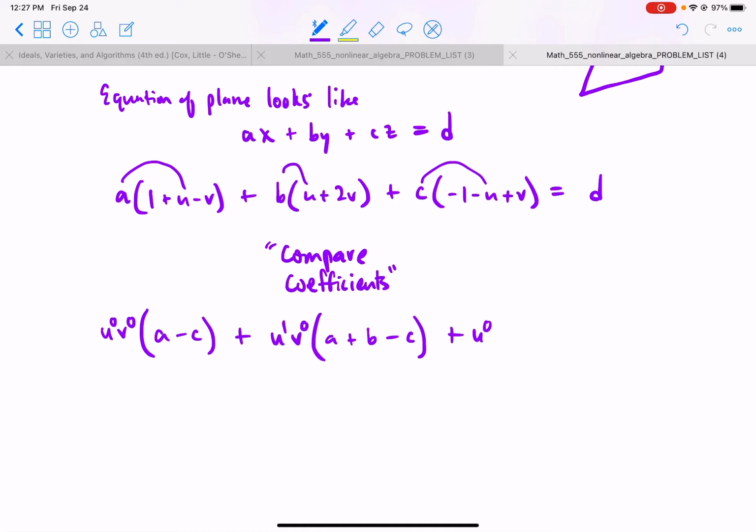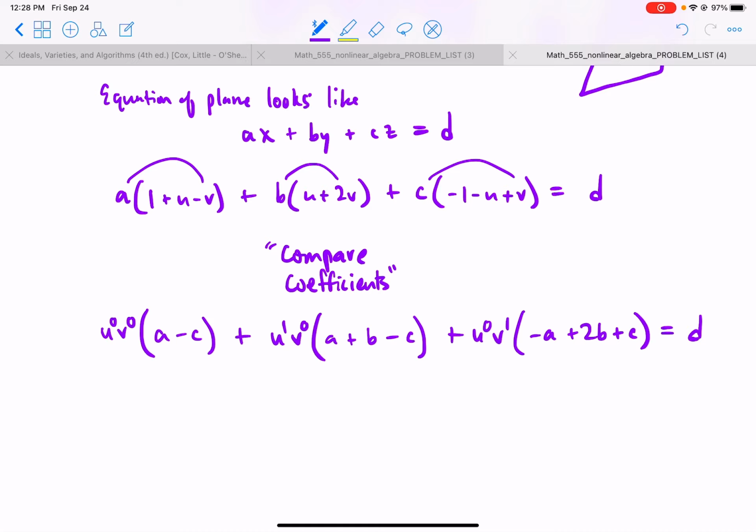And now what about u to the 0, v to the 1? Where do I get those? I get a minus a, 2b, plus c. And this is equal to d.